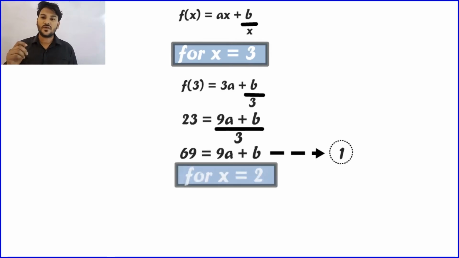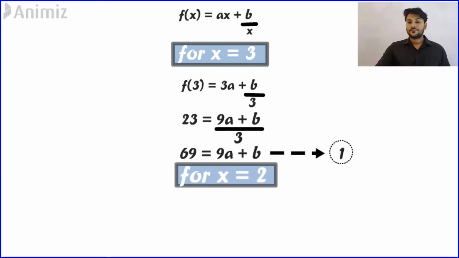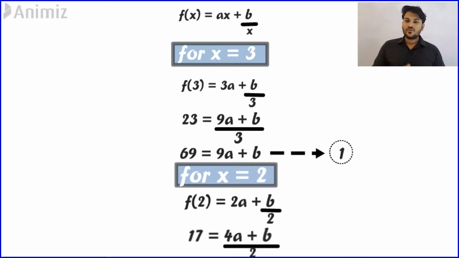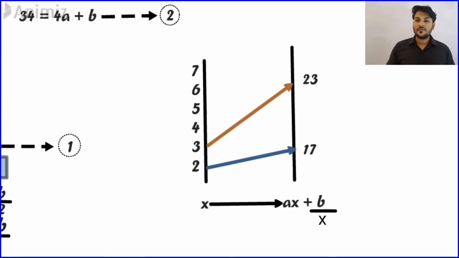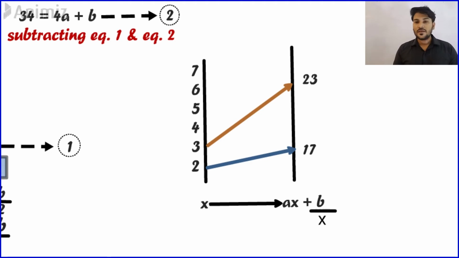This is equation number 1. And then take an LCM, that is 2: (4a + b)/2 = 17, and then shift 2 to the left side, means 17 multiplied by 2, that is 34, so 34 = 4a + b. That is equation number 2.